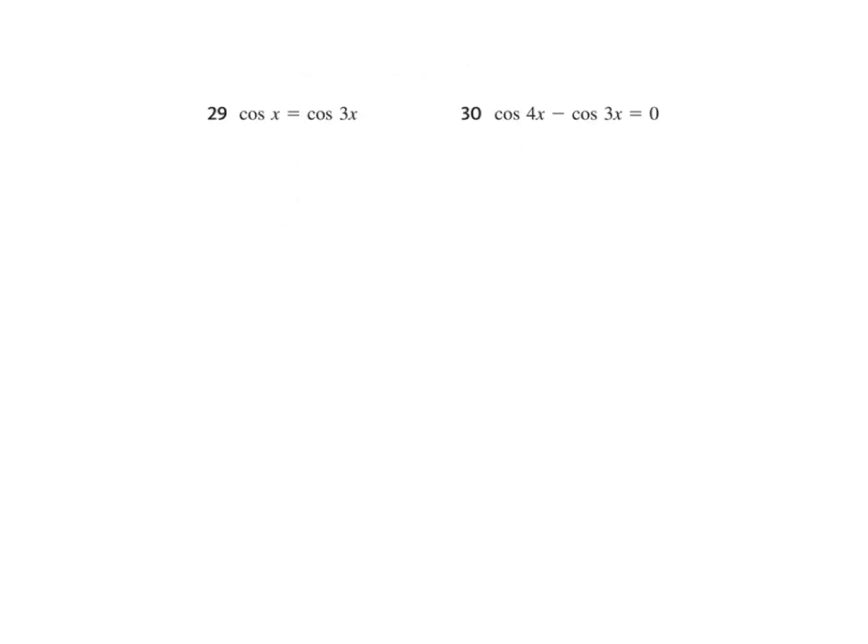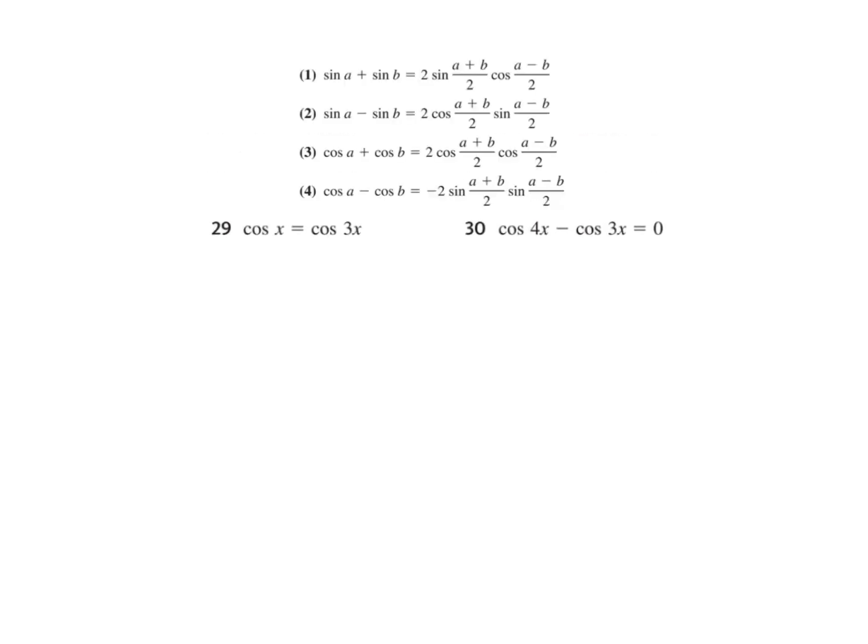Okay, same thing here. Let's put the formulas up. Now we have cosine equals cosine. So we're going to move this over the other side and get cosine of x minus cosine of 3x equals 0. So we'll be using number 4's formula: negative 2 times the sine of the 2 added together divided by 2.